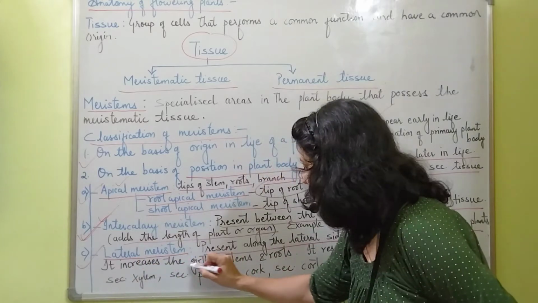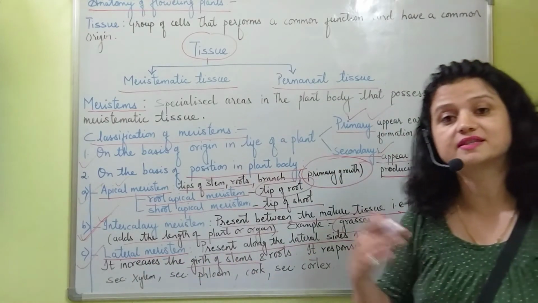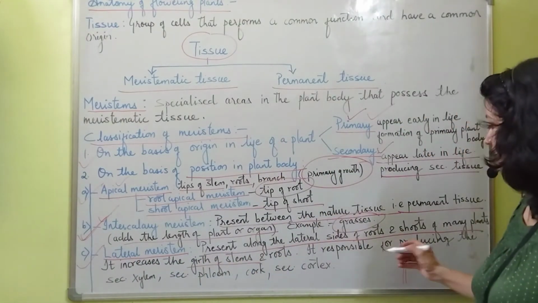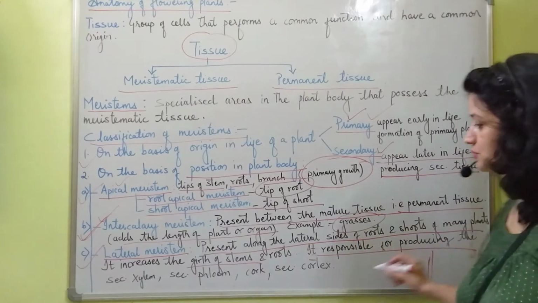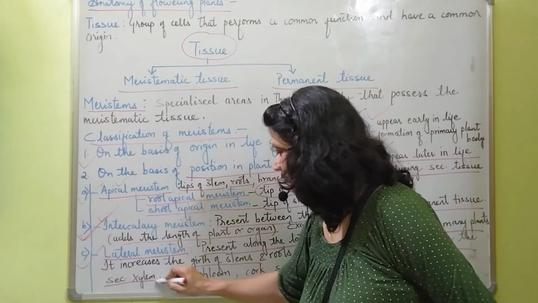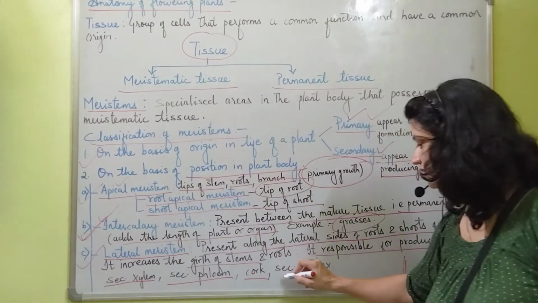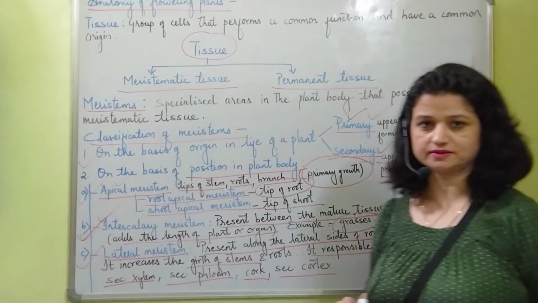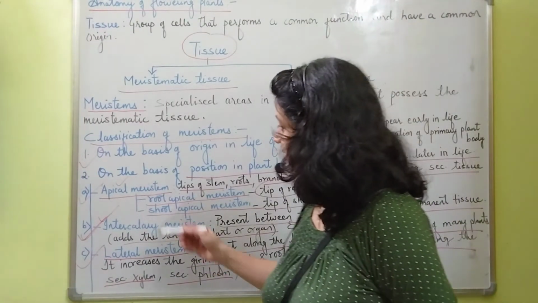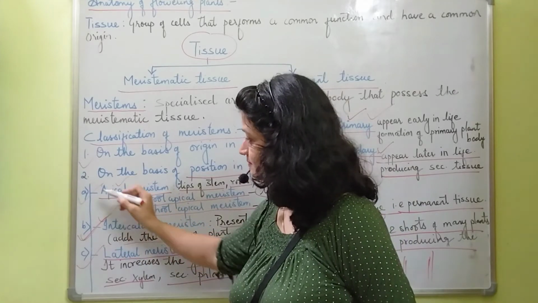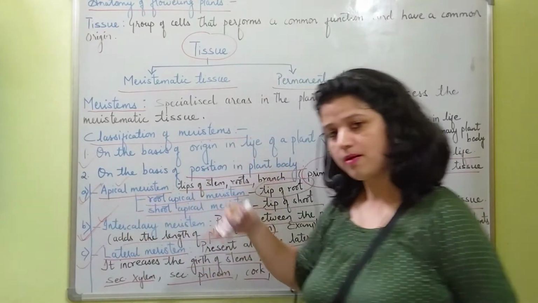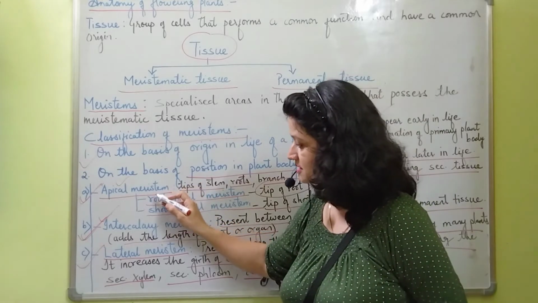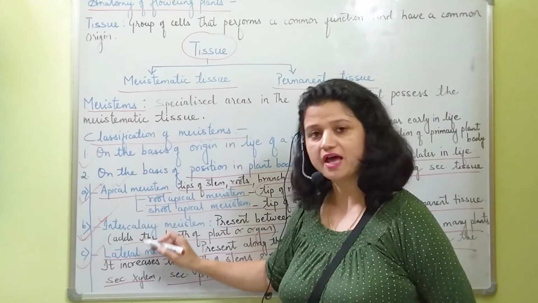It increases the girth of the stem, it increases the thickness of the stem, and it is responsible for producing the secondary xylem, secondary phloem, cork, secondary cortex. Clear? So these are the three types of meristem based on the position: apical meristem, intercalary meristem and lateral meristem.